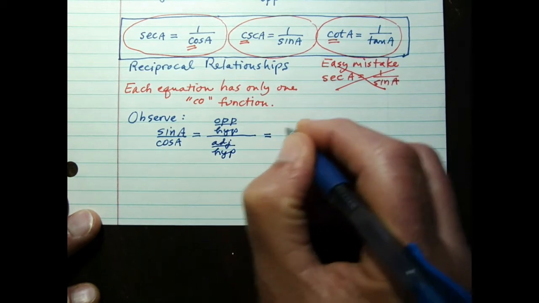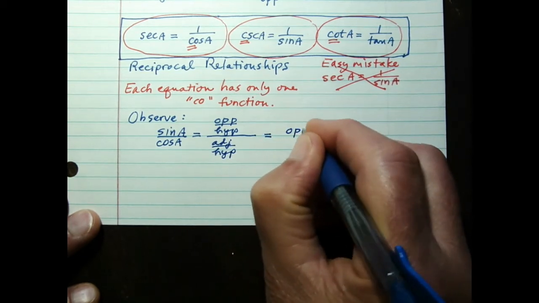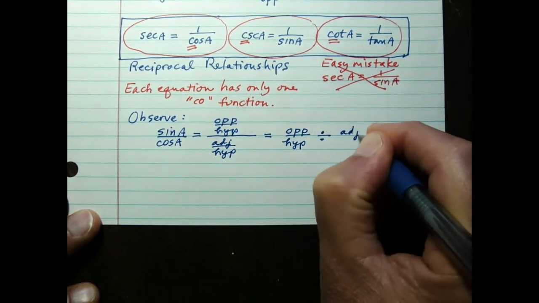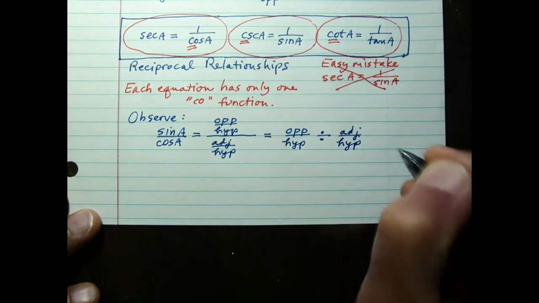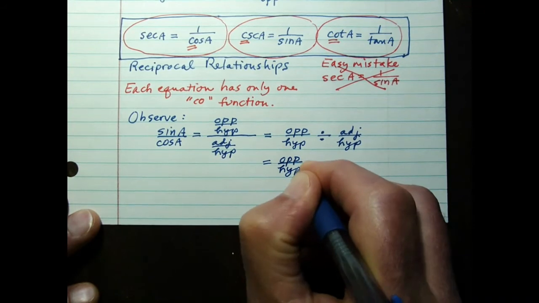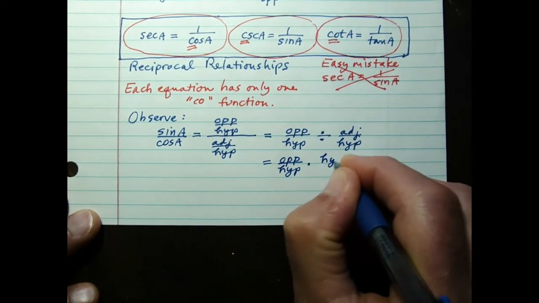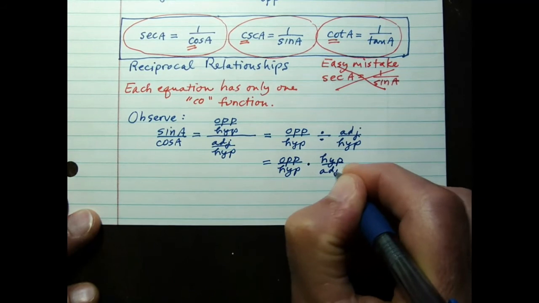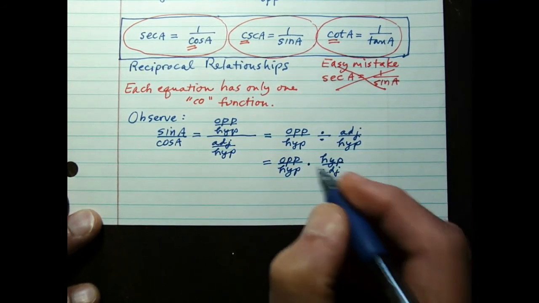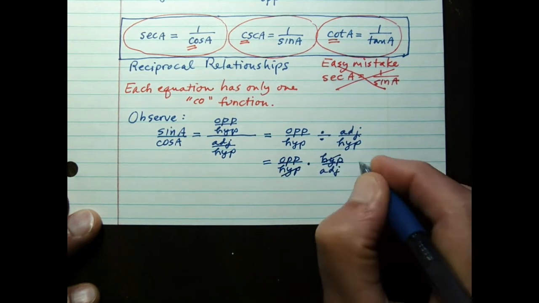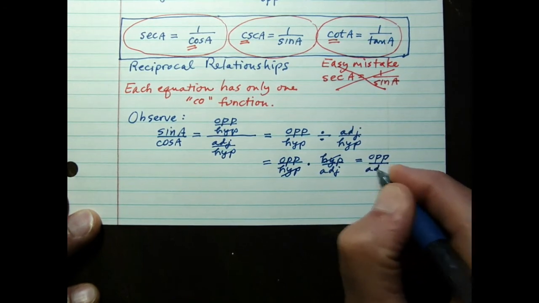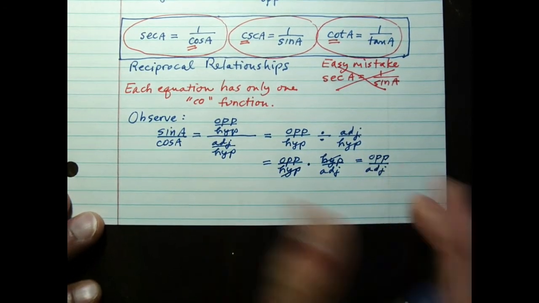So this fraction of fractions I can think of as a division problem, opposite over hypotenuse divided by adjacent over hypotenuse, right? And so when I invert and multiply here, leave the first alone, take the reciprocal of the second, I get opposite over hypotenuse times hypotenuse over adjacent. The hypotenuse cancels, and I end up with just opposite over adjacent. That's tangent, right?